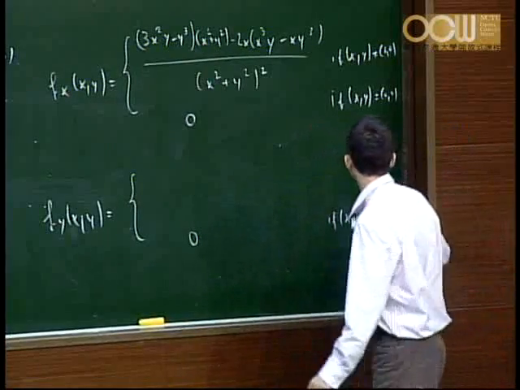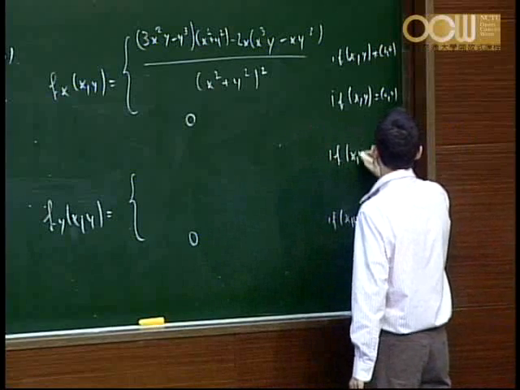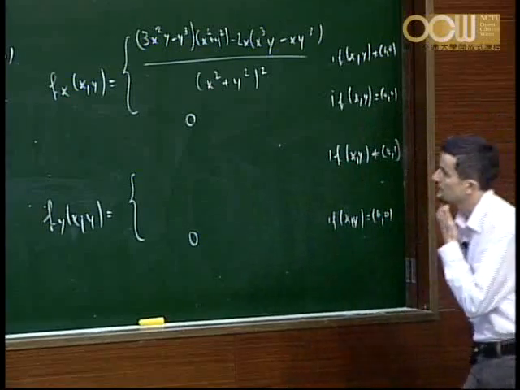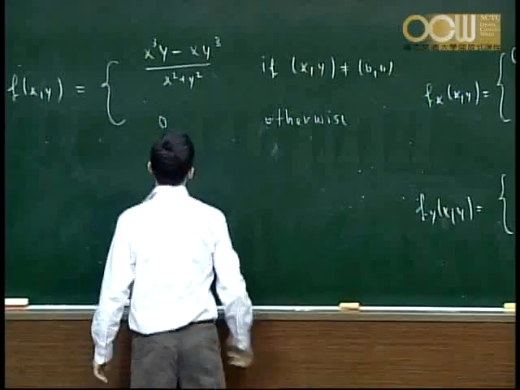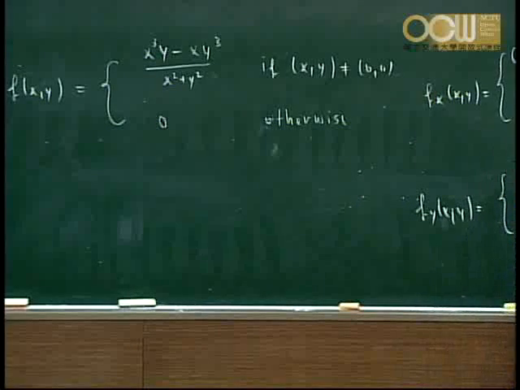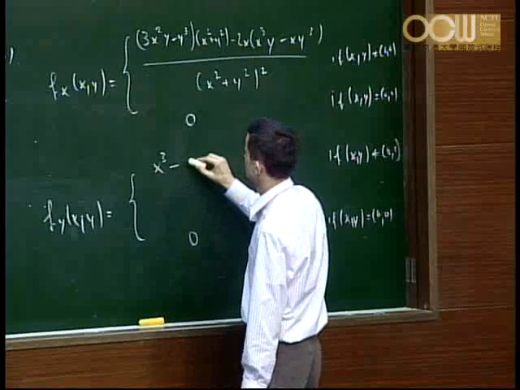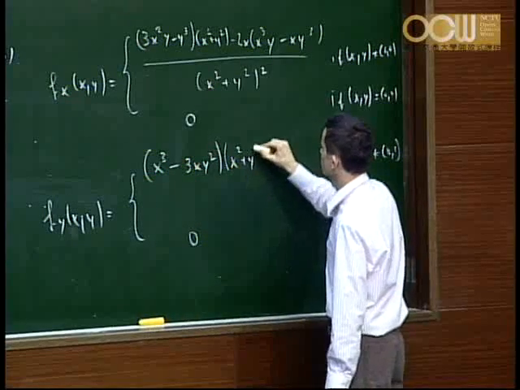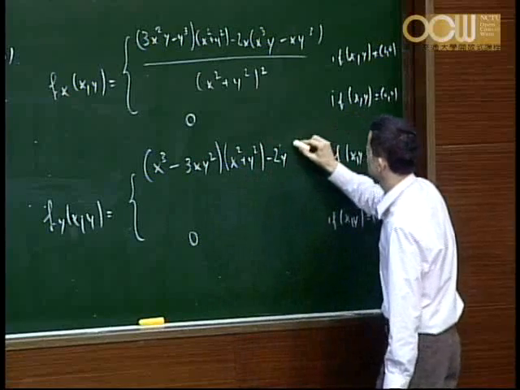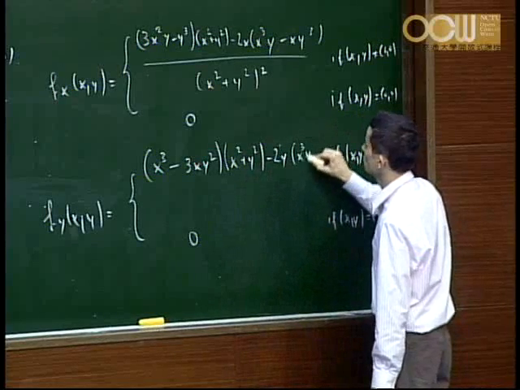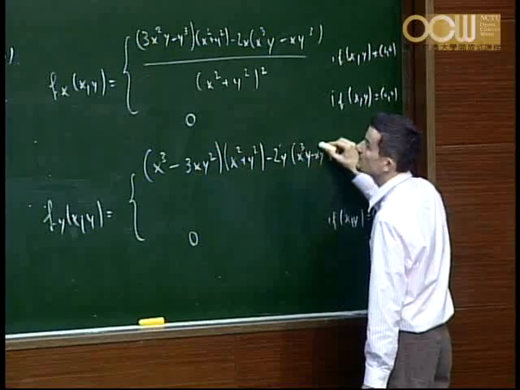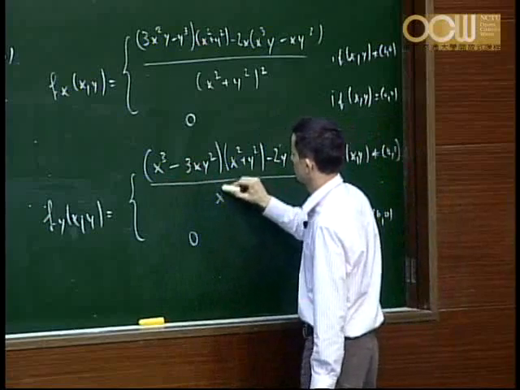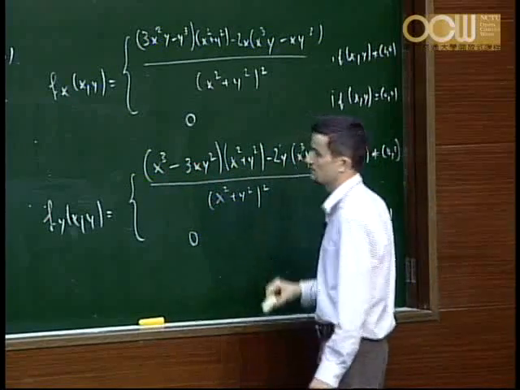Now, if x, y is not equal to 0, 0, then we have to take this expression here, and we have to take the derivative with respect to y. So we have x to the cube minus 3xy squared times x squared plus y squared minus 2y, and x to the cube y minus xy to the cube over x squared plus y squared squared.